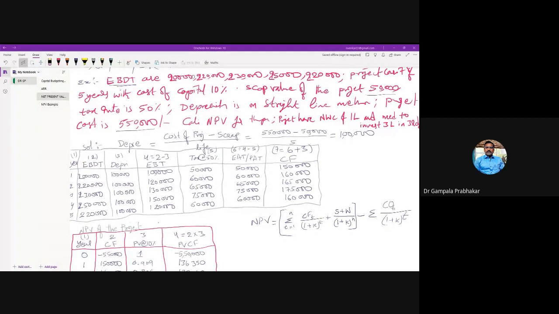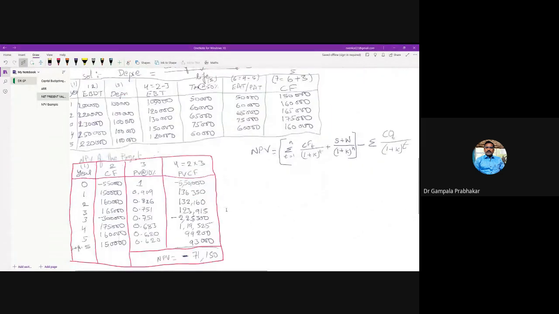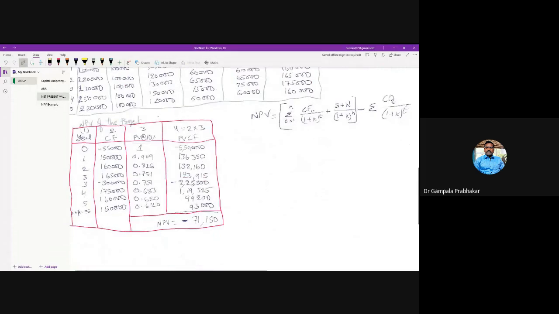So it is confirmed till this model. You are very clear. You got a good idea about these particular models. Payback period, accounting rate of return, NPV model finished. Now coming to the IRR model, internal rate of return model.